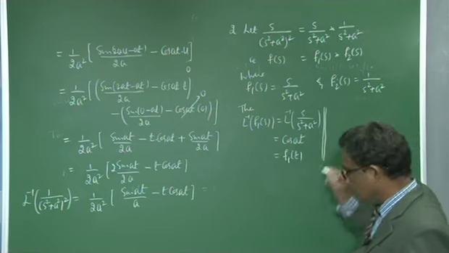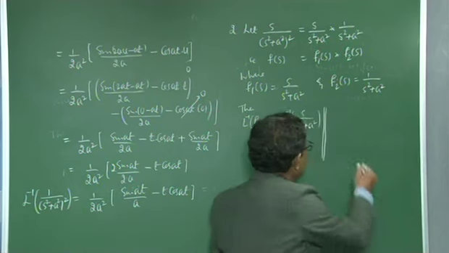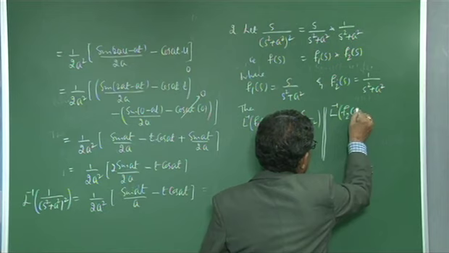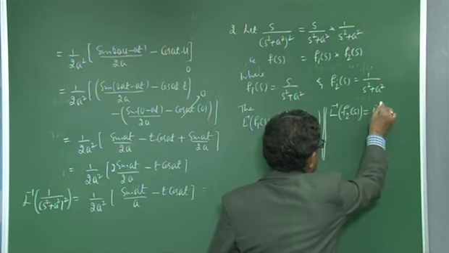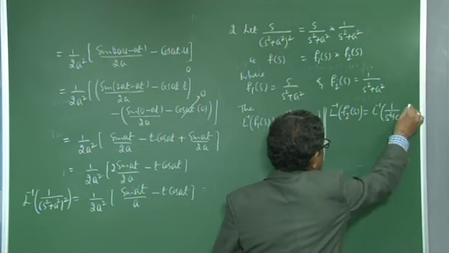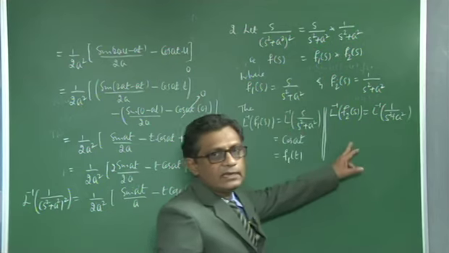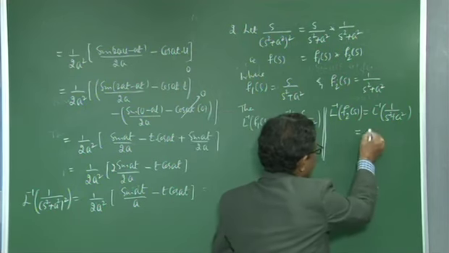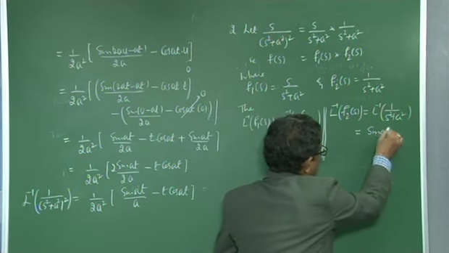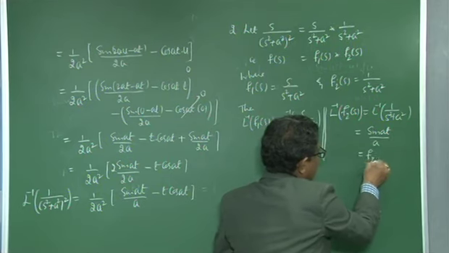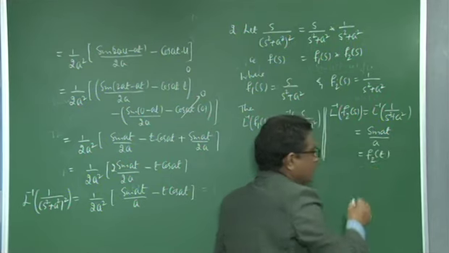Now similarly, find the inverse Laplace transform for the second function, which is also in standard form. What is L inverse of 1 divided by s square plus a square? It is sin at by a. This is your second function f2(t).